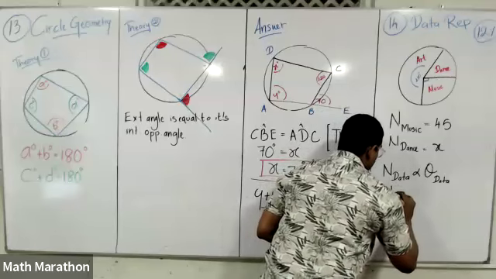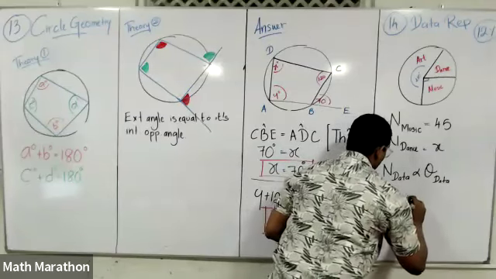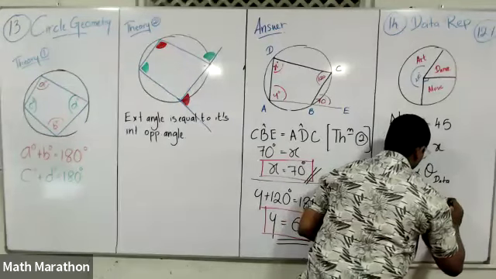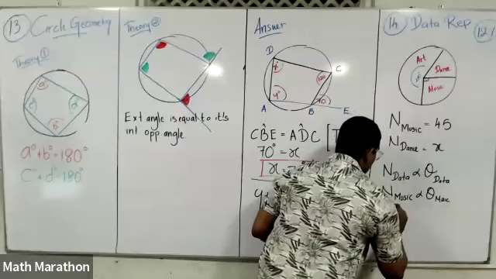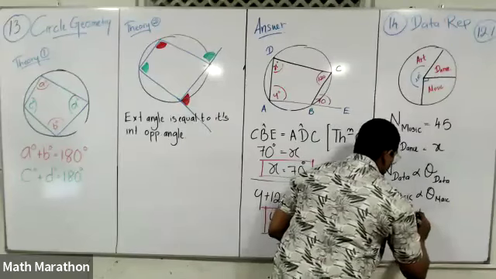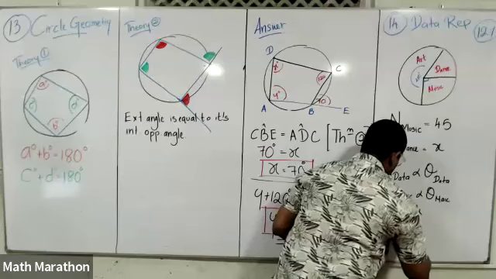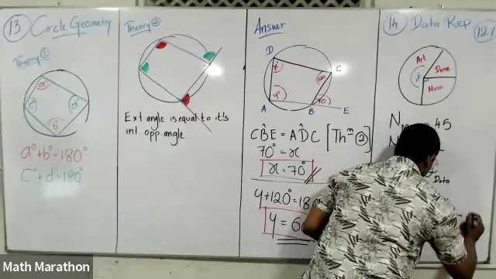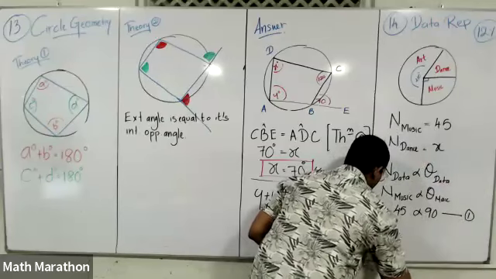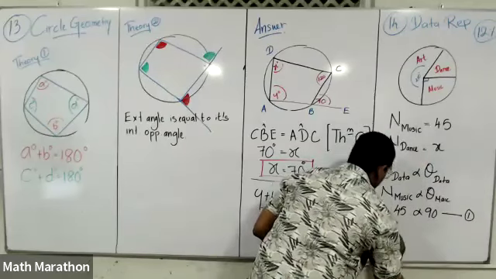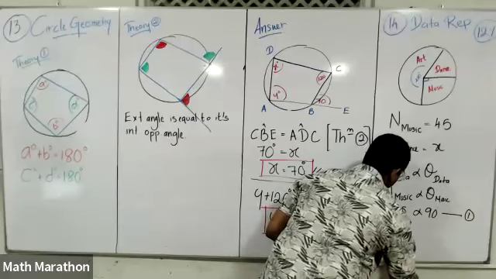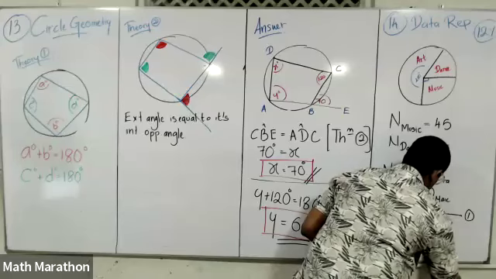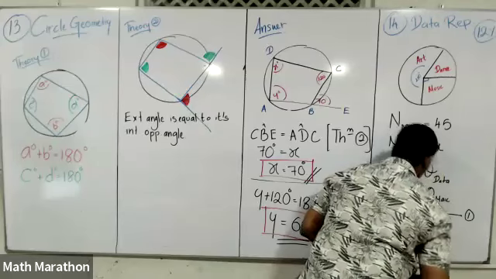So the number of kids who do music is proportional to the theta of music, which is 90. The number of students is 45, theta is 90. That is 1. Next, the number of students who do dance is proportional to the theta of dance.